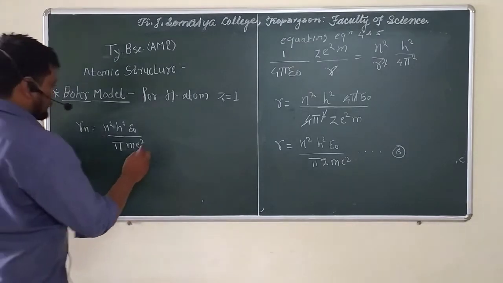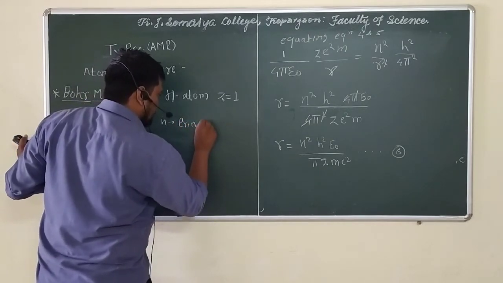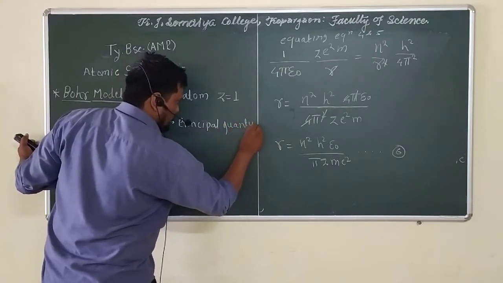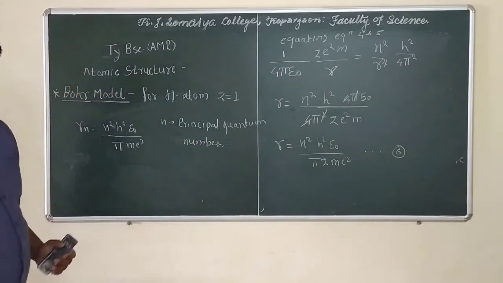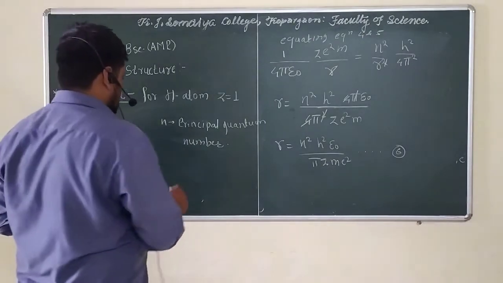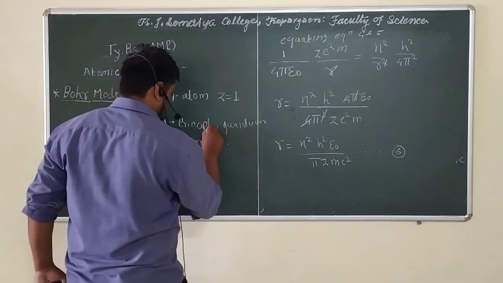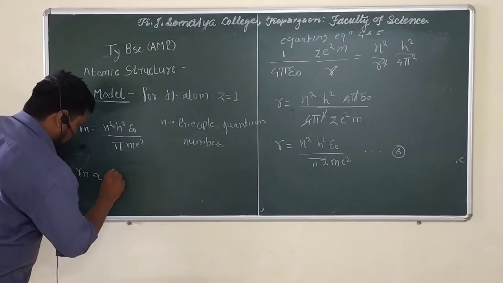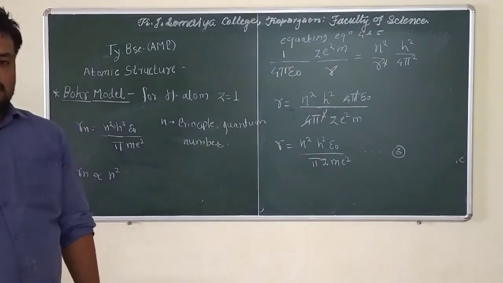So here n is the principal quantum number. From the equation, r is directly proportional to n square. So this r n is directly proportional to n square, where n is equal to 1, 2, 3.